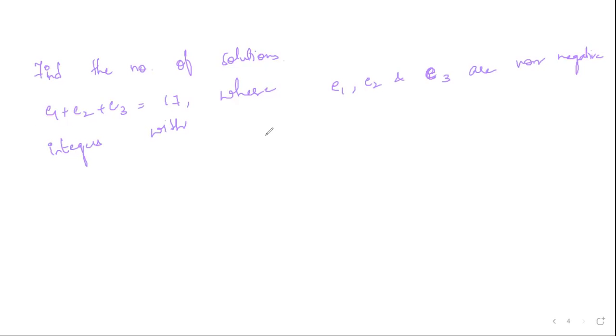E1 can have a value between 2 and 5. E2 can have a value between 3 and 6, including 3 and 6. And E3 can have a value between 4 and 7. Now, what is the solution for this?